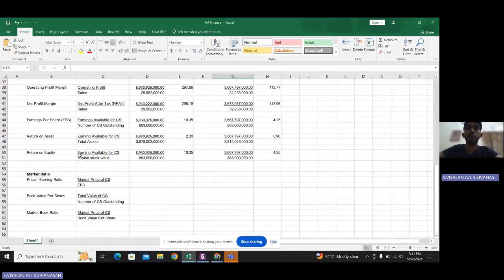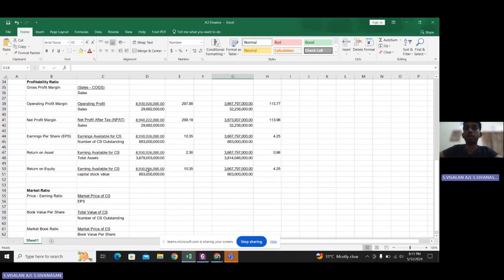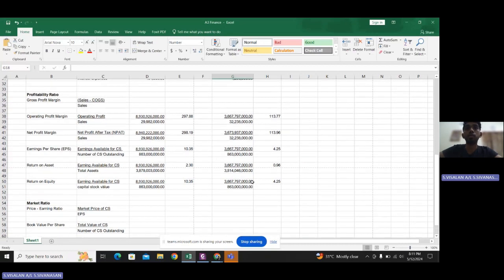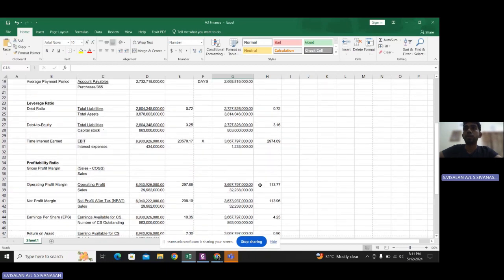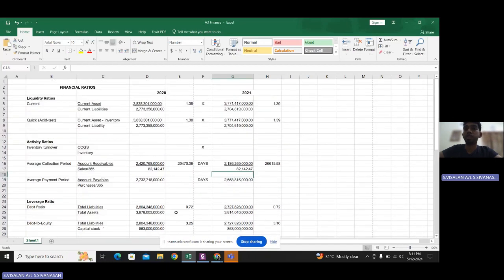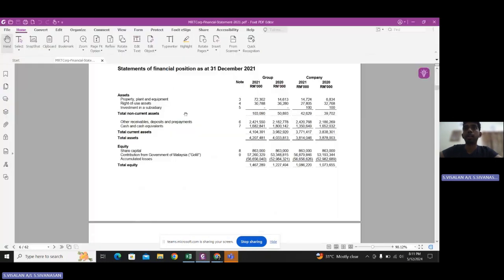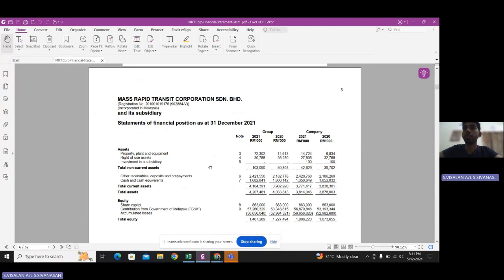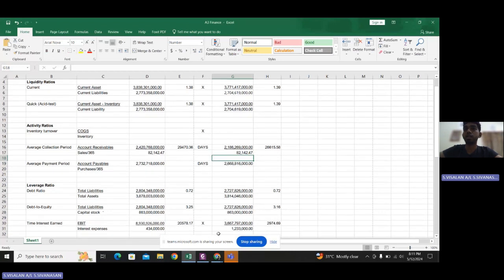And lastly, return on equity is really the same as earnings per share; the answer is also the same. So that's all for the financial ratio analysis for MRT Corporation for 2021, and we compared with 2020. So that's all for me. Thank you.